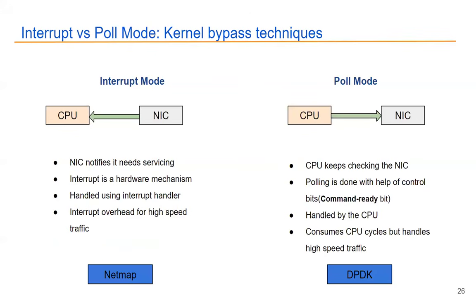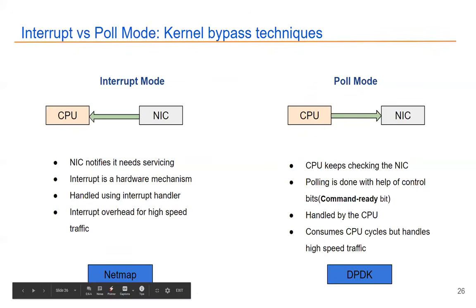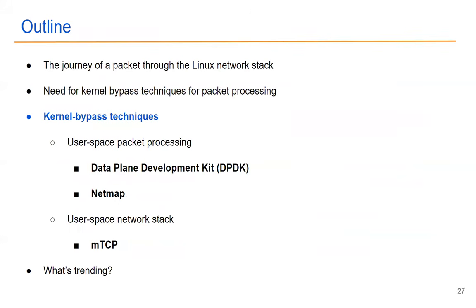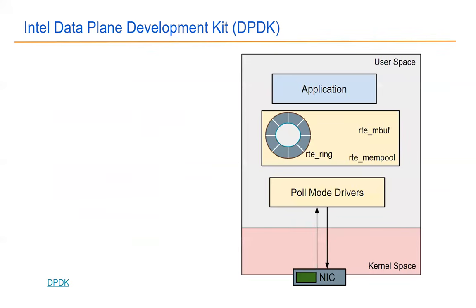Two popularly used kernel bypass mechanisms are netmap and DPDK, and they each follow one of the modes of operation. We will discuss them next, starting with DPDK. DPDK is Intel's Data Plane Development Kit and is one of the widely used industry efforts for high-speed networking.